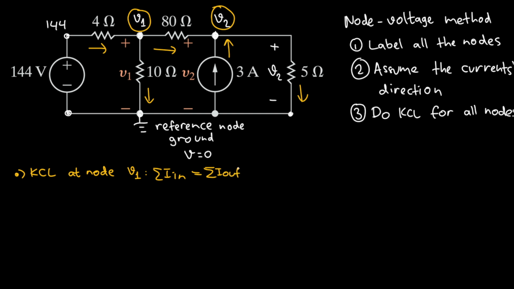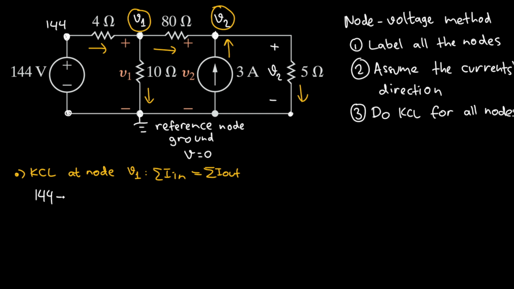Okay, here the only current that goes in is this one here, so we will have this current is, how to calculate that? Because we have only voltage and resistance, we can use Ohm's law. The current comes from this node here, which is 144. So we write that first, 144. And then the current goes to V1.